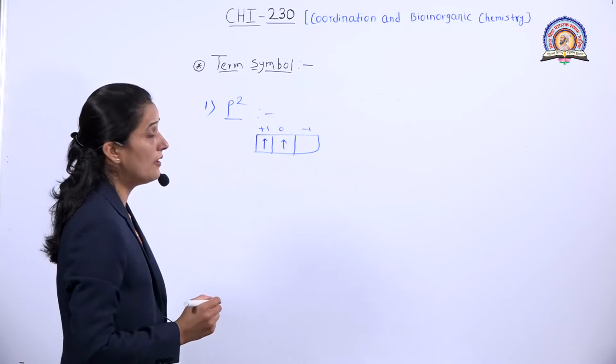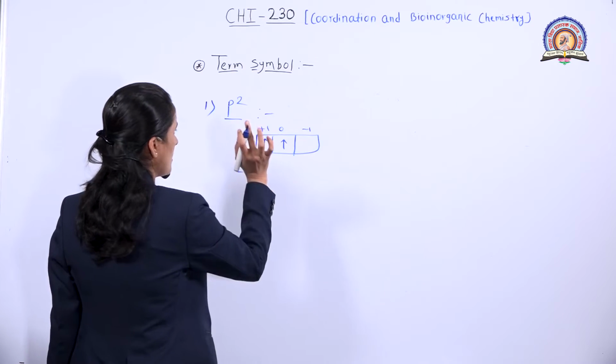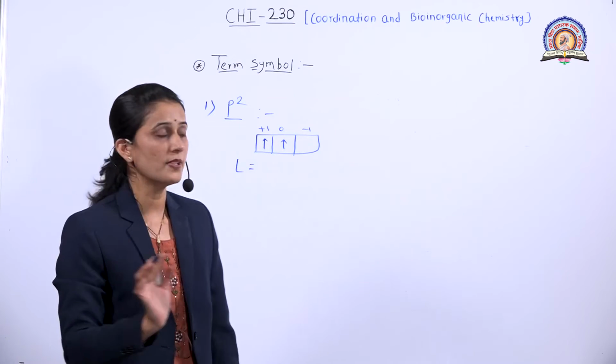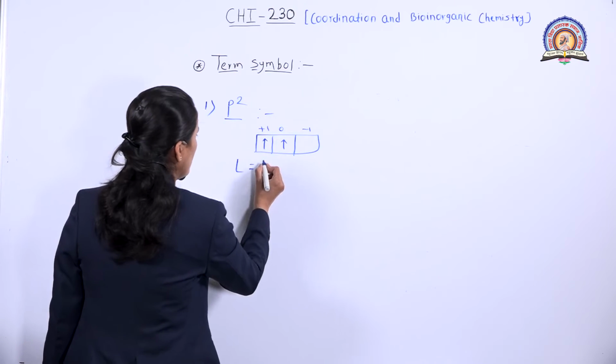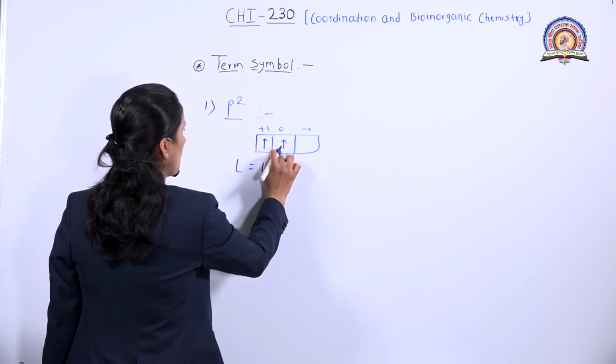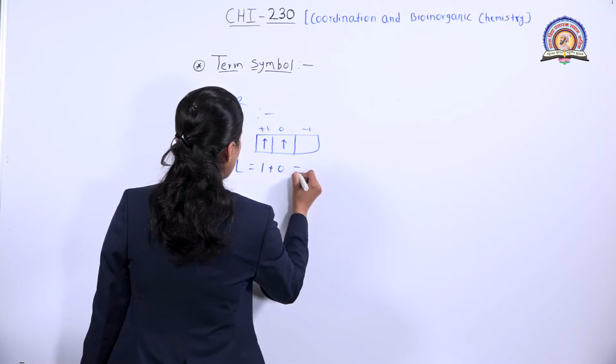Now the calculation for L value. Suppose I will tell you a simple trick. Suppose we have 1 electron in this orbital, so 1 into 1 is 1 and 1 into 0 is 0. So 1 plus 0 is equal to 1.